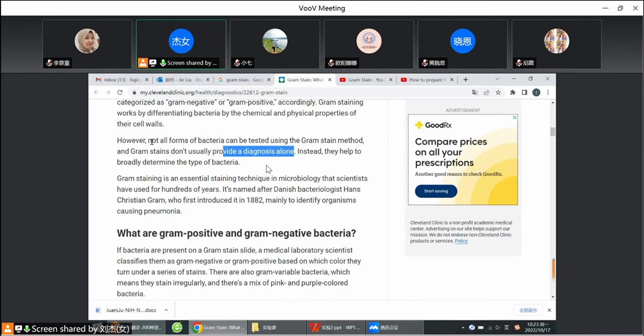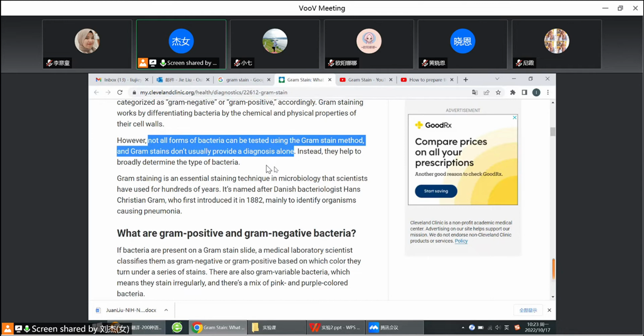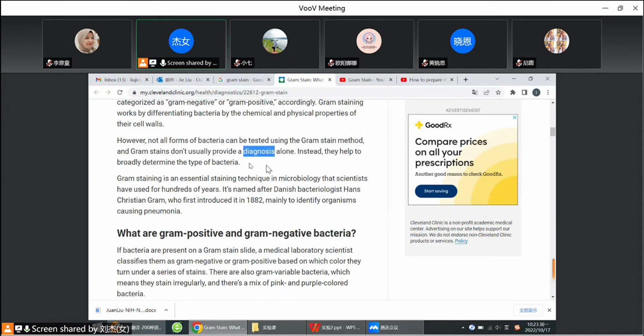So it means some of the bacteria need much more tests, or we need to combine different kinds of diagnosis together, and then finally we will get a result to determine the features, the characteristics of a certain bacteria.